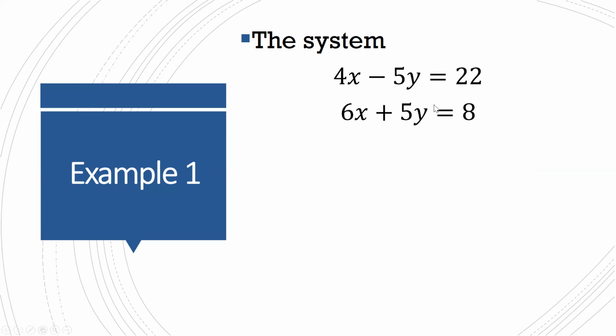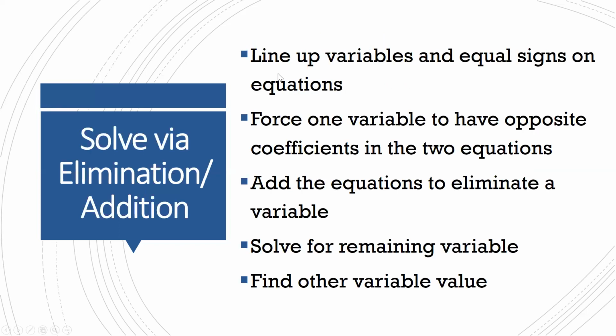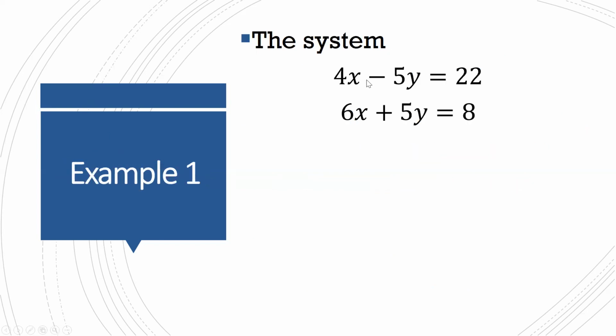In this system, we already have the lineup that we wanted. By lineup, I mean we've already lined up the variables and the equal signs on the equations. In the two equations, you'll notice that the x terms are right above and below each other.